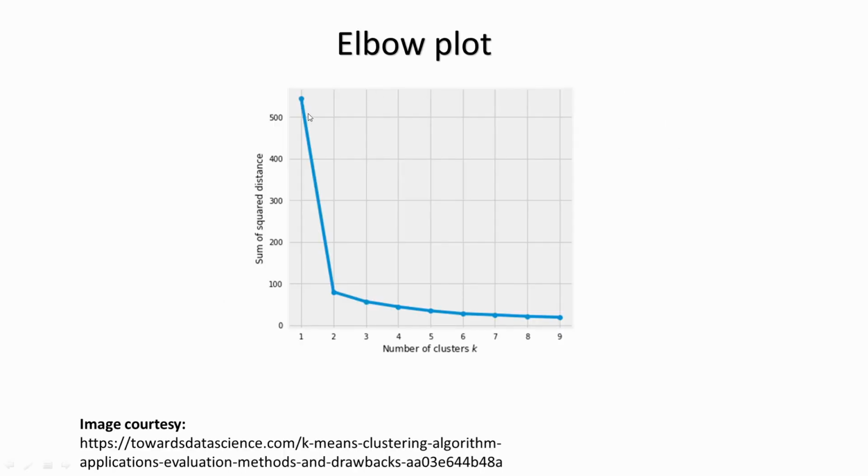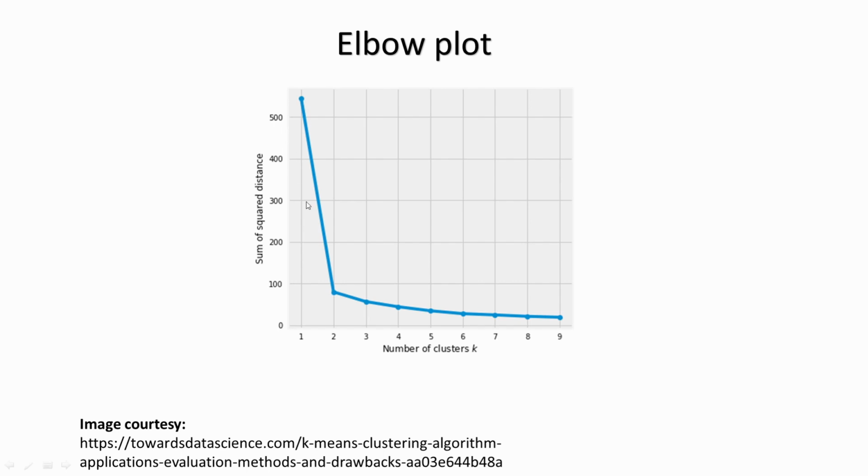Here, for various values of K, the sum of squared distance is plotted, and this is called an elbow plot. For a K value of 1 we have a sum of squared distance of above 500. So for K equal to 1, it means that our model is performing poorly. When we change the K value to 2, the sum of squared distance has become less than 100.